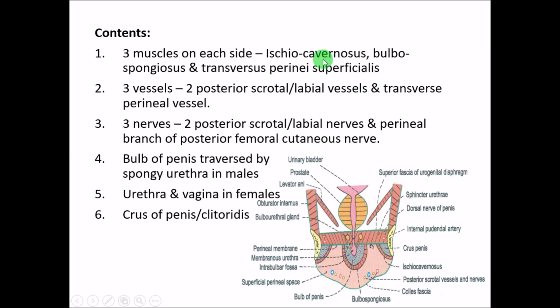If you see here, this is the bulb of the penis in the male, and this is the bulbospongiosus muscle.